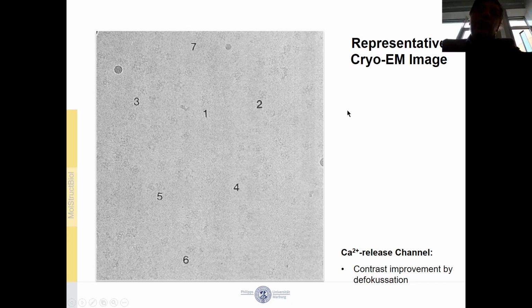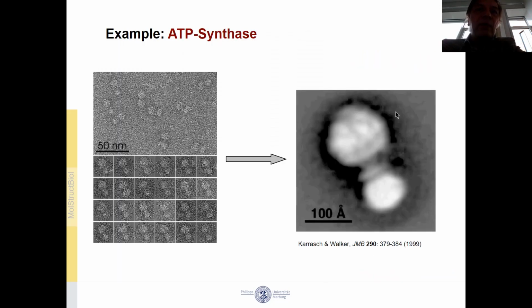This is already an image of a membrane protein, a calcium release channel, that has already had some contrast improvement by defocusing, which is one of the methods to get better contrast in these images. But you see, the contrast is very, very weak. So what are you doing? You are actually using a computer, of course. What you're using is image recognition software of the most dedicated kind.